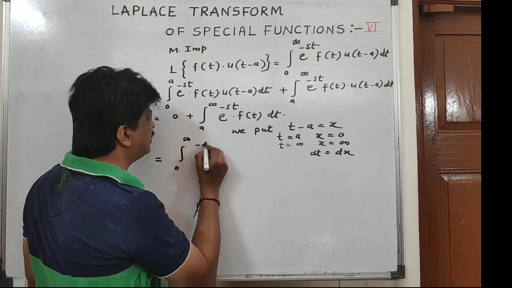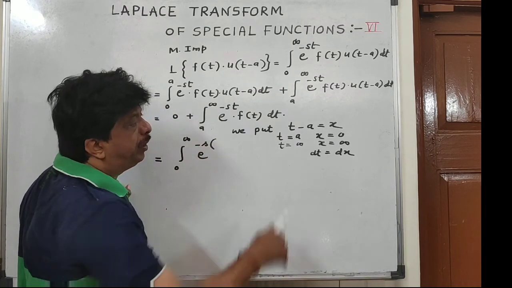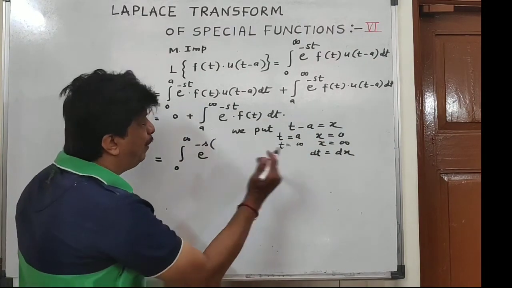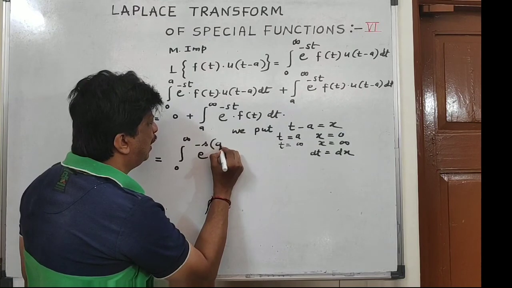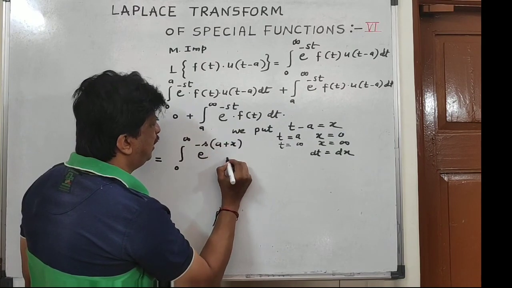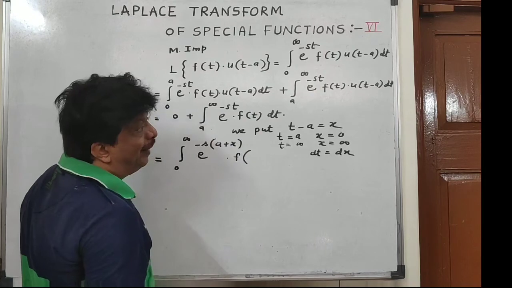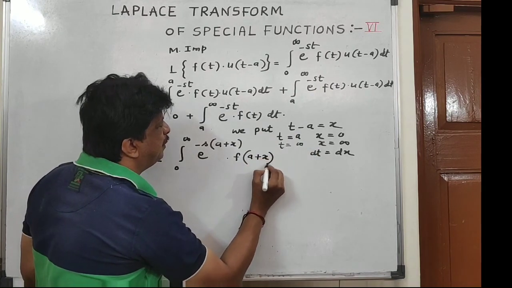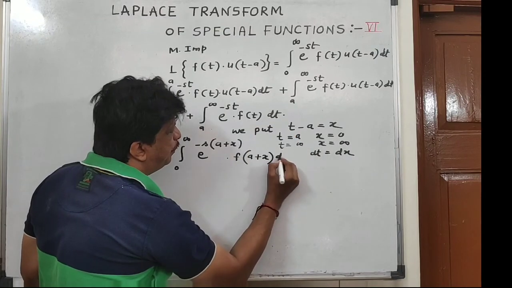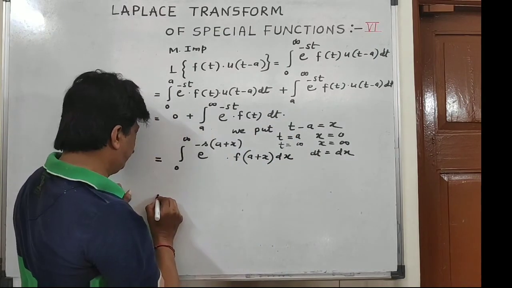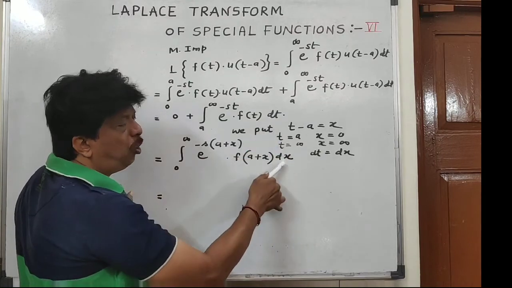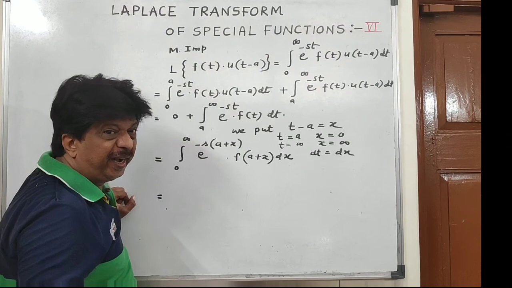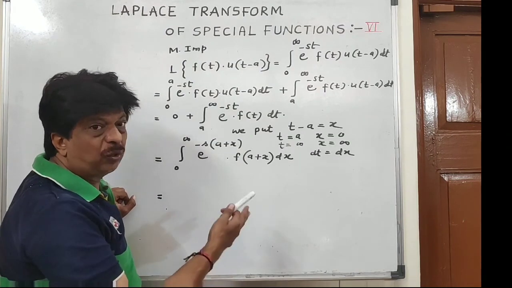e raised to power minus s into, what is t? t is equal to a plus x. Into f of a plus x, dt and dx they are same. So that is further equal. The t has now been changed to x, so s is treated as independent of x, constant.